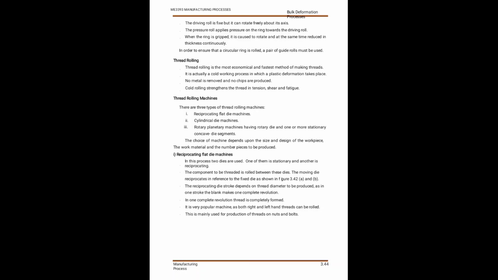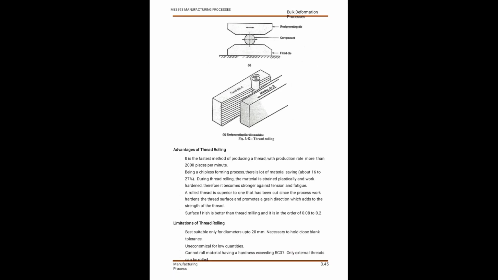The reciprocating die stroke depends on the thread diameter to be produced, as in one stroke the blank makes one complete revolution. It is a very popular machine as both right and left hand threads can be rolled. This is mainly used for production of threads on nuts and bolts.